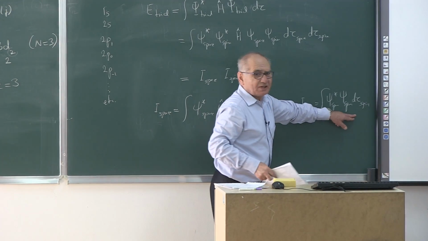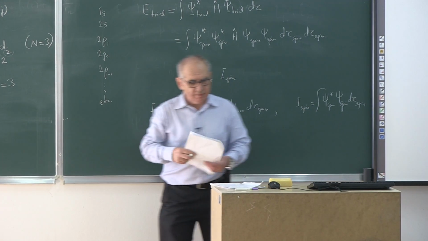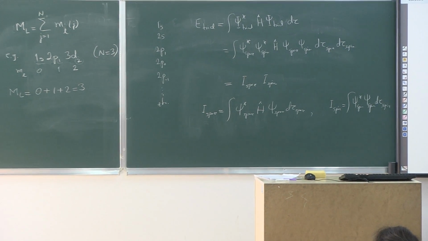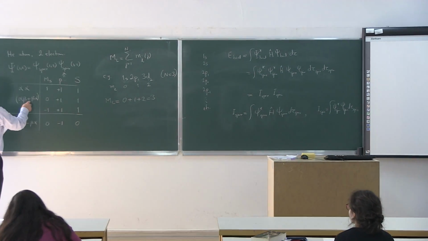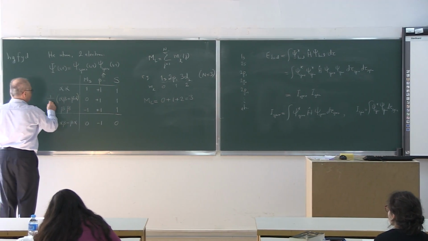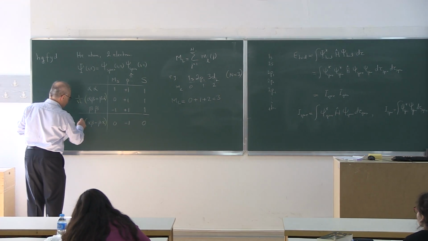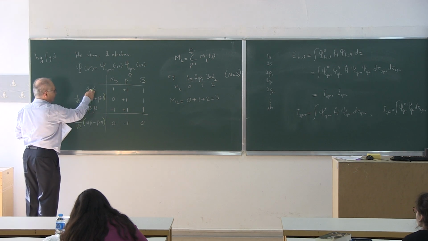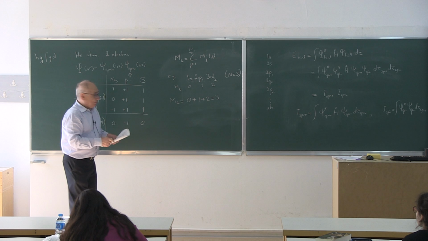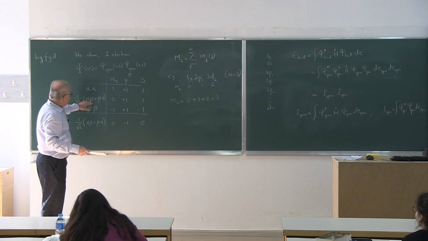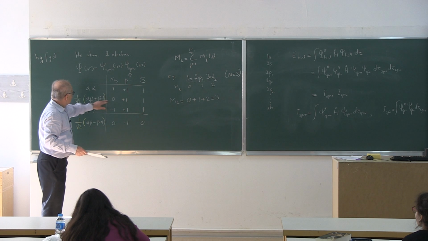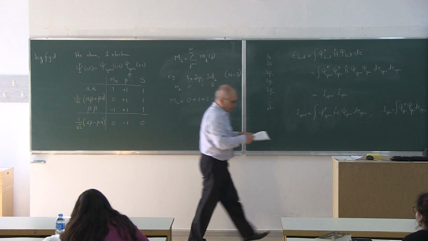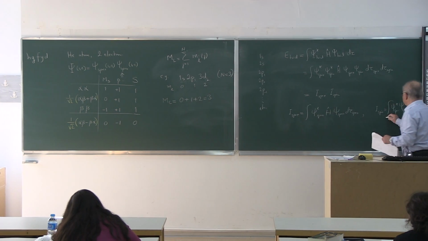Notice that this is just the normalization integral for the spin part. And in fact, the normalization integral for this spin function is just 1 over square root of 2, and this one also 1 over square root of 2. These are already normalized, alpha times alpha and beta times beta, so that when we include such factors, in the case of ms equals 0 or of triplet and singlet states, then the integral here is simply 1.